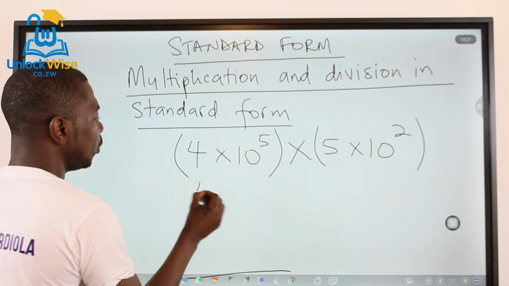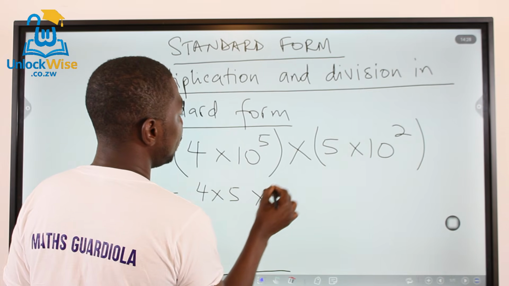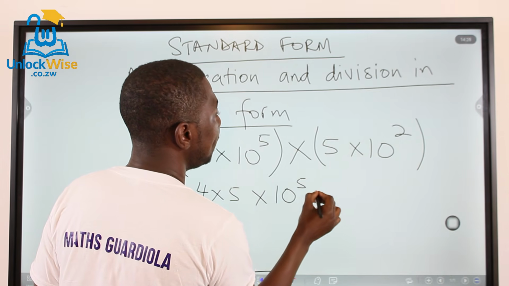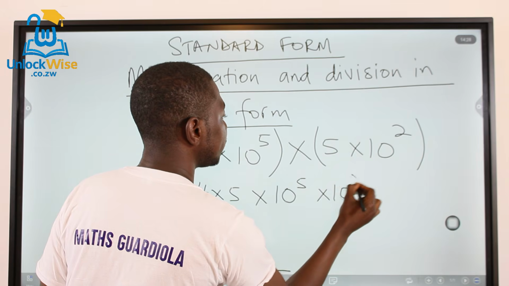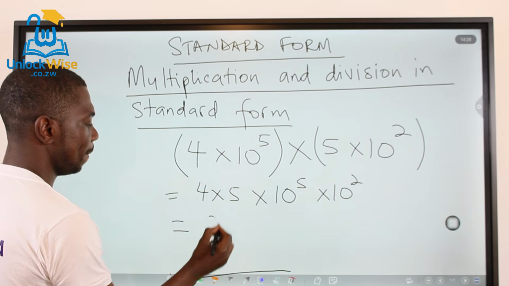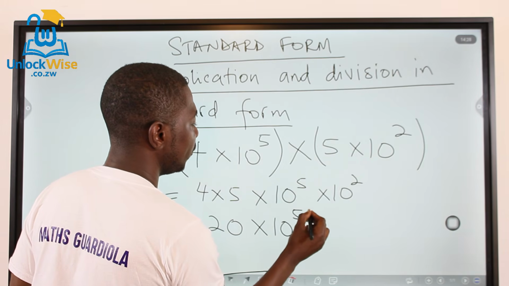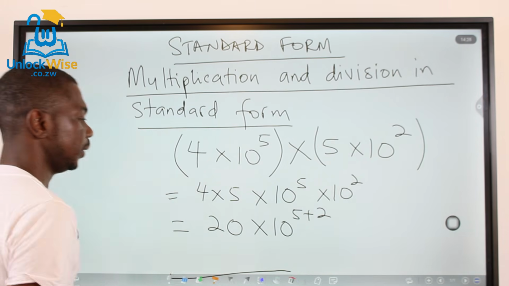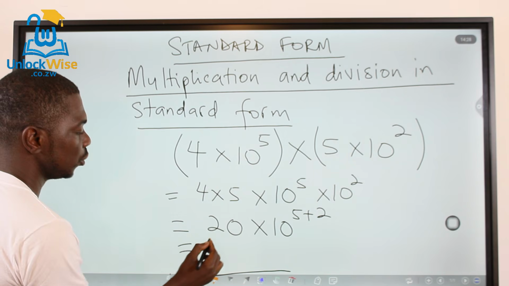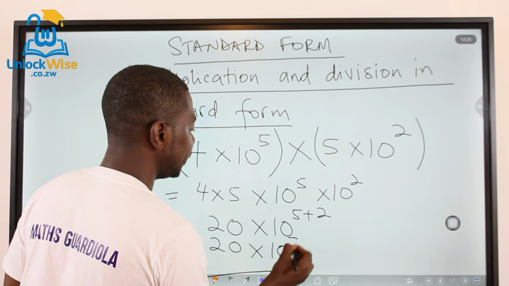So if numbers multiply each other and powers of 10 multiply each other, we are going to get 20 here. Then we are going to get 5 plus 2 here. And this will give us 20 times 10 to the power 7.